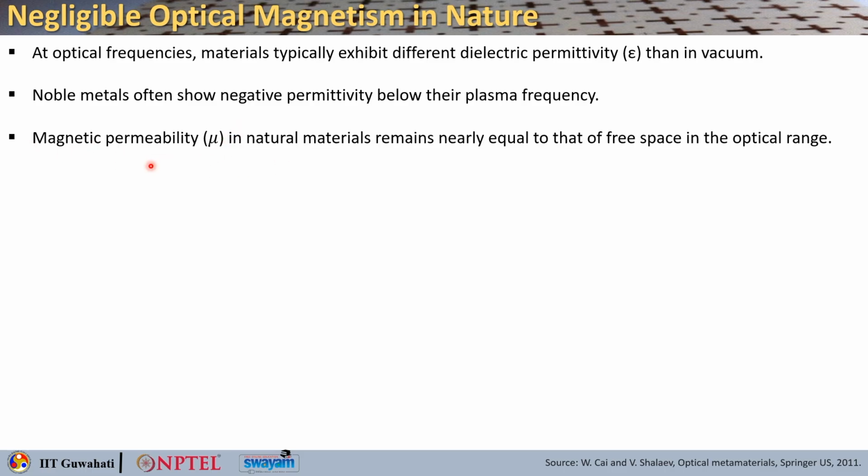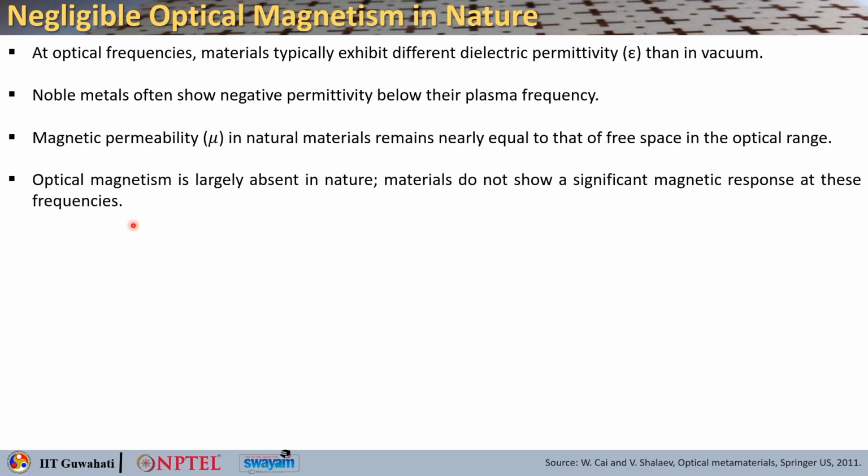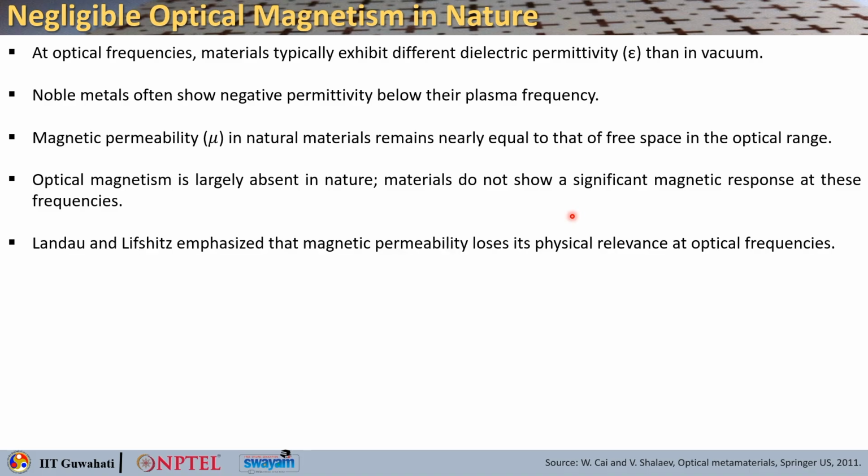Now, when you talk about the magnetic response, the magnetic permeability mu in natural materials, it has been seen that it remains nearly equal to that of free space in the optical range. That means optical magnetism is largely absent in nature, and materials do not show significant magnetic response at these frequencies.